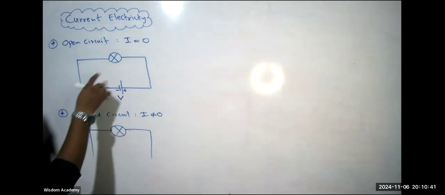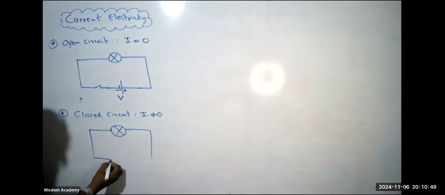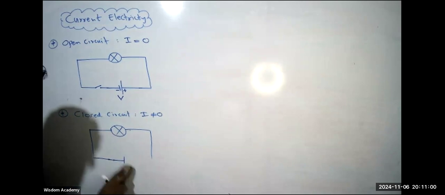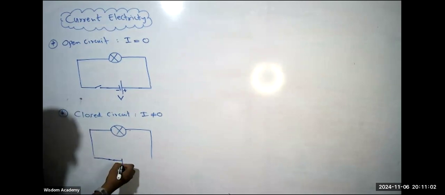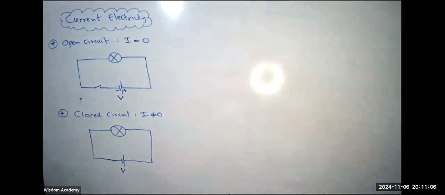You should not keep spaces like this, because a space means the wires are not connected, so it's a wrong connection. Now the switch I'm marking like this is closed. Can you see that the switch is closed? Then I have the same terminals, the shorter terminal and the longer terminal, and the same voltage is given there.